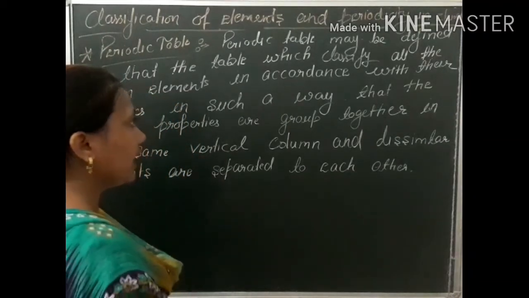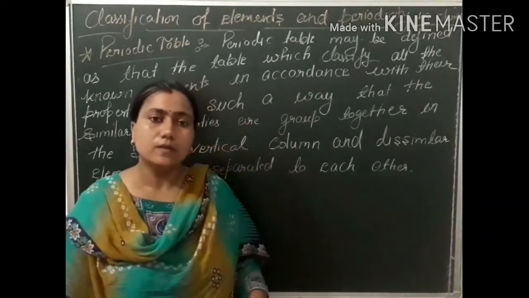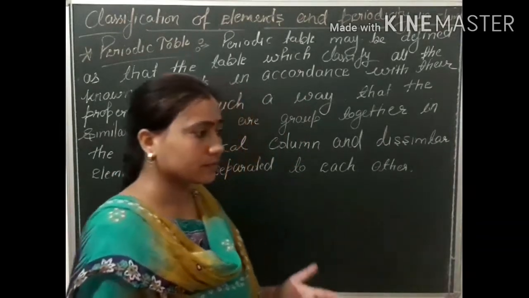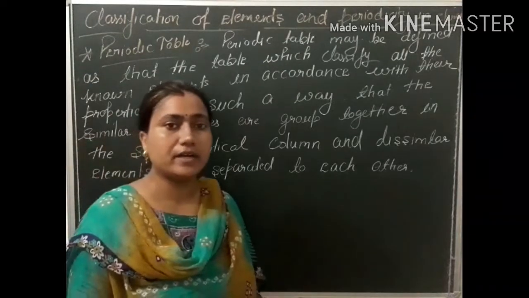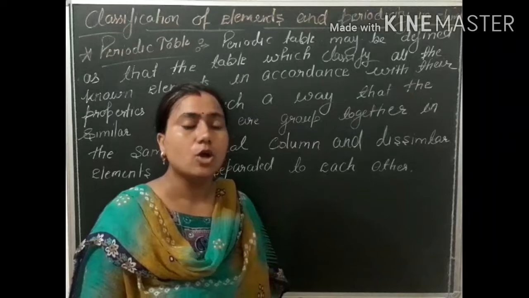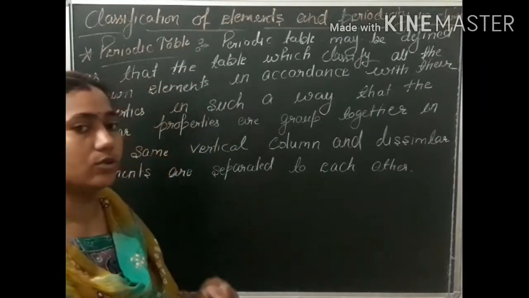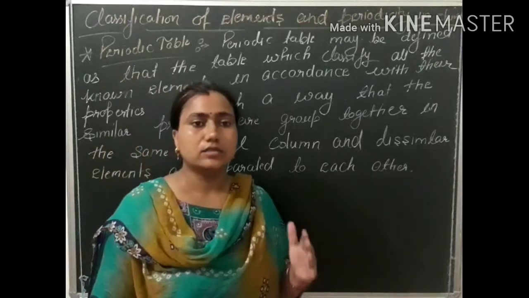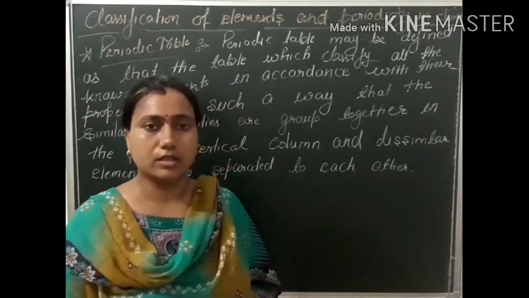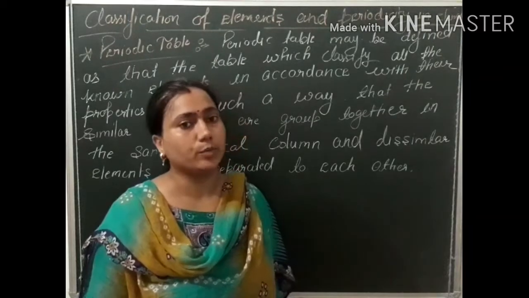Now we know that Dalton gave a theory, that is the Dalton atomic theory. In this theory he says that the atoms of an element can be distinguished from the atoms of another element on the basis of the atomic weight. So from this conclusion some scientists came and gave their laws on the basis of the atomic weight.